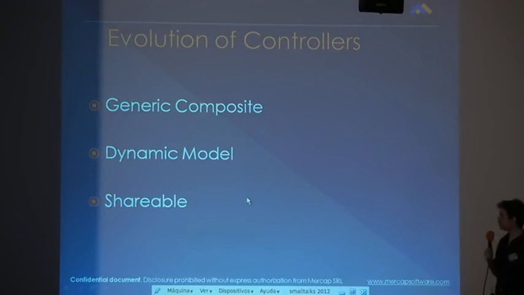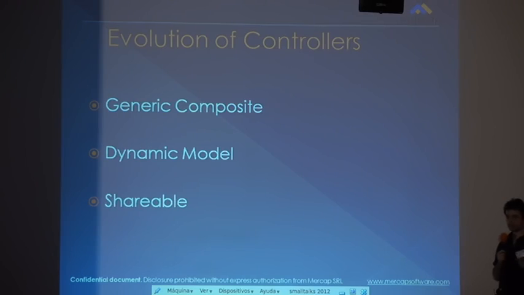Okay, and another interesting controller is the shareable controller. This was used in order to allow a controller to have more than one parent, because the parent-child relationship was intentional. The original model was focused on every controller having only one parent, and we realized more and more that there were some cases when that was not useful.